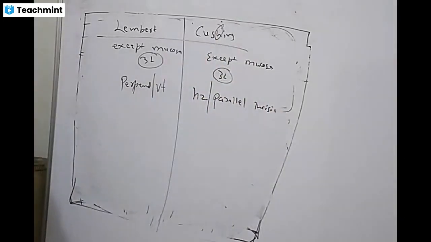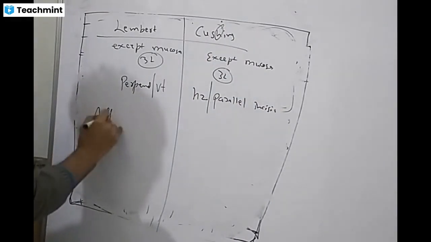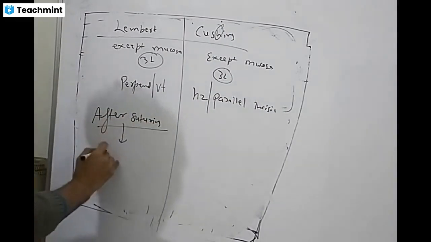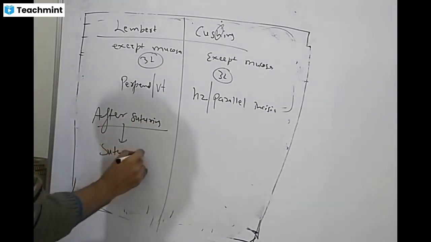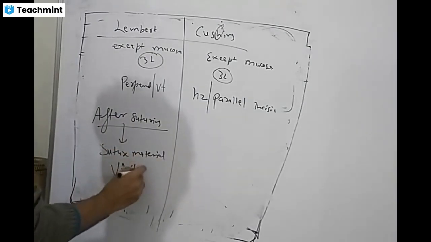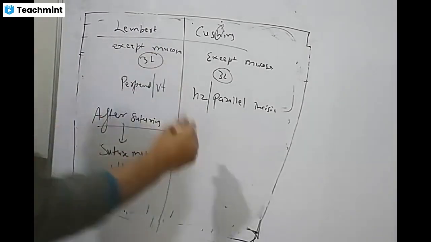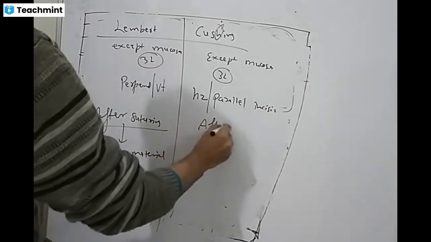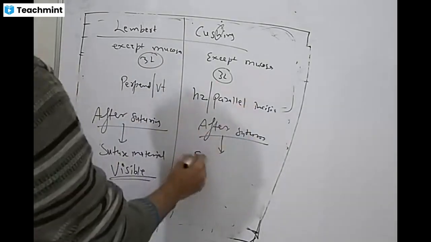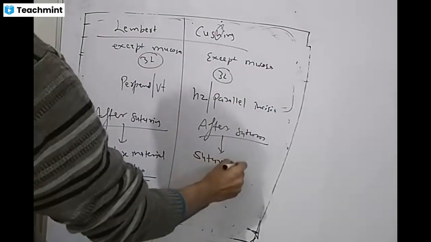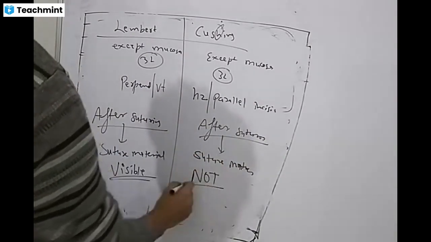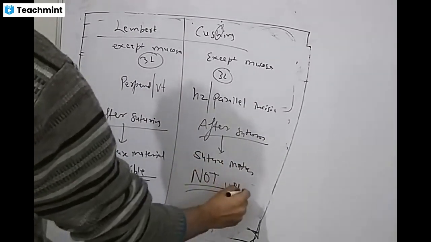The next difference is after suturing. Once you suture, the suture material is visible in case of Lambert. But in case of Cushing, after suturing, if you want to see the suture material, the inversion is such that the suture material is not visible to your naked eye.